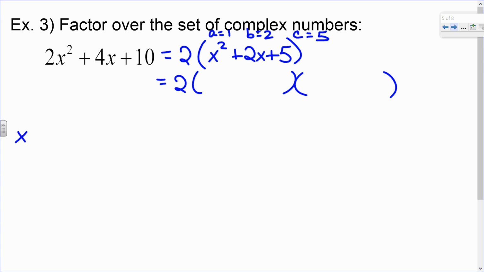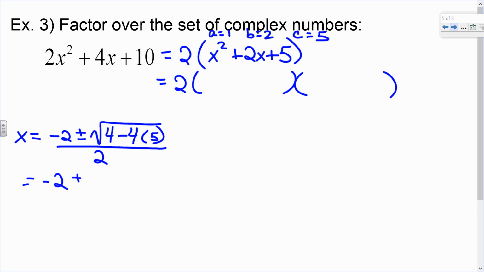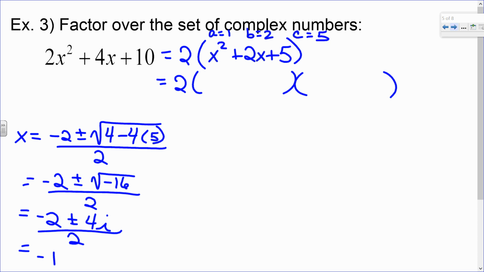I'm going to say, well, x could be the opposite of b, so negative 2 plus or minus the square root of b squared, which is 4, minus 4ac, so 4 times 1 times 5, all over 2a, so 2 times 1 is 2. So 4 minus 20, I've got root negative 16. So that means I have negative 2 plus or minus 4i over 2, or negative 1 plus or minus 2i.